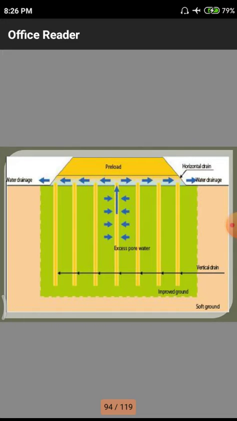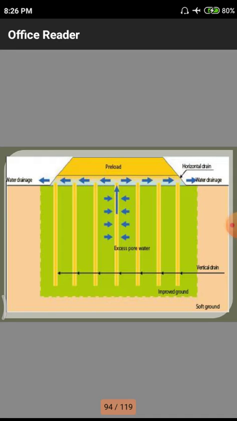This is a pictorial representation used to remove water by using the preloading and vertical drains technique. The yellow portion on top of the ground is the material which was kept on the soil strata.